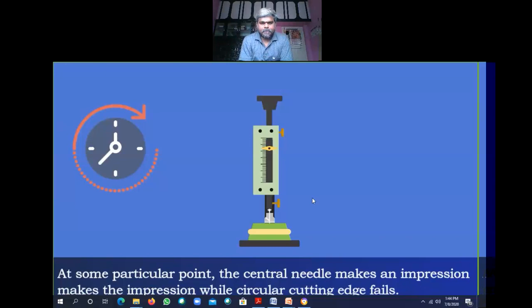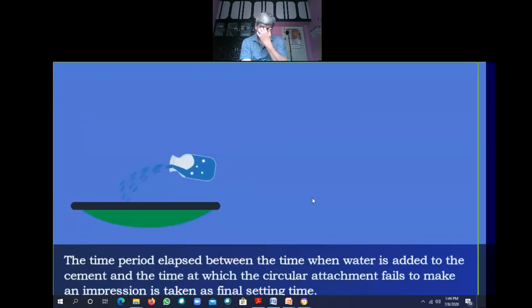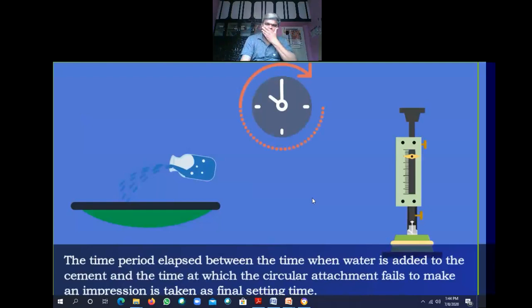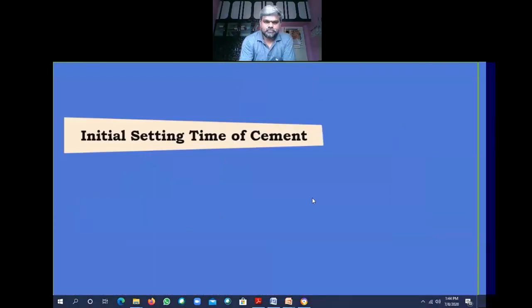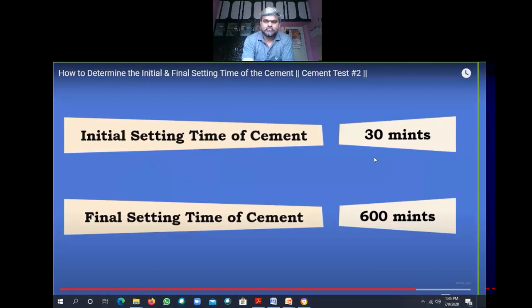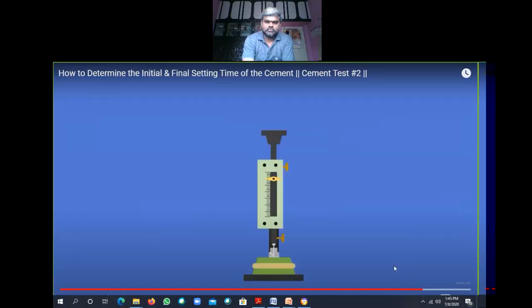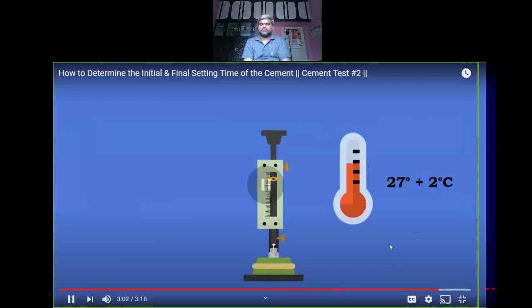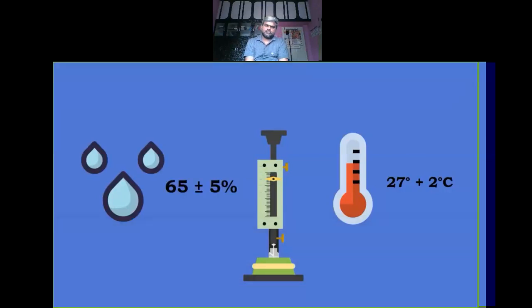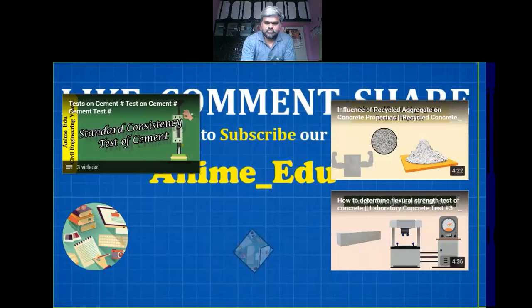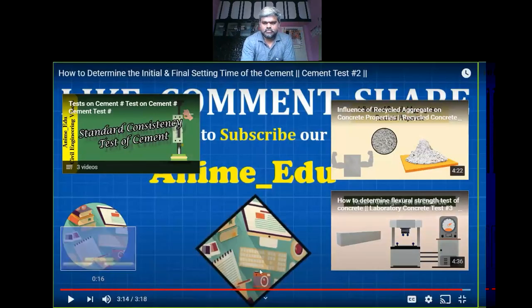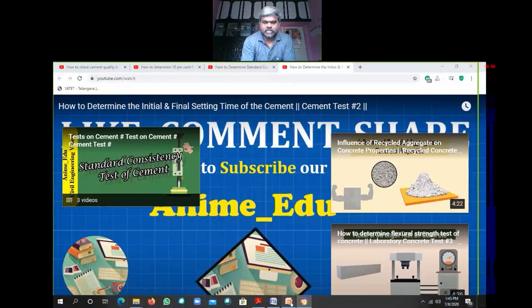The central needle makes an impression based on the pressure. Yeah, that is initial setting time.